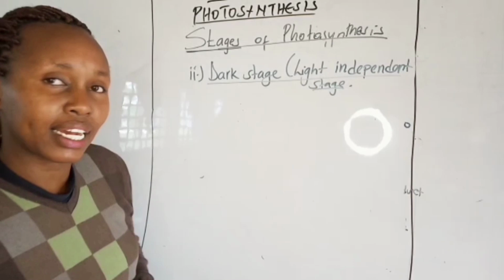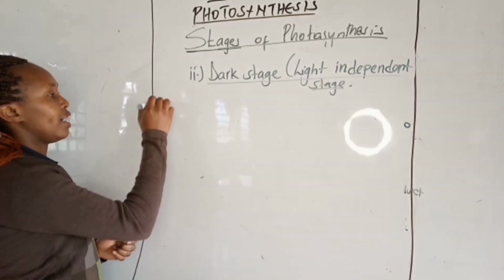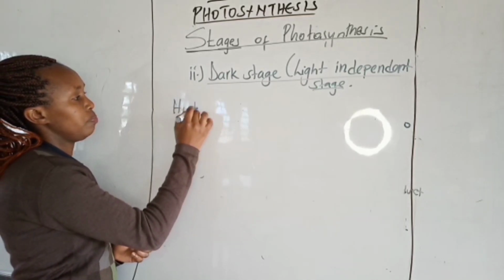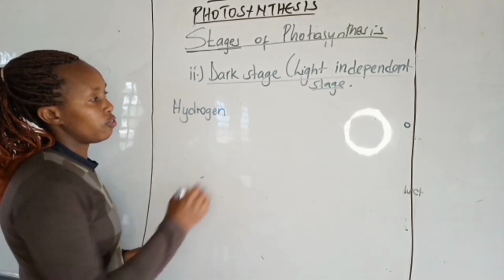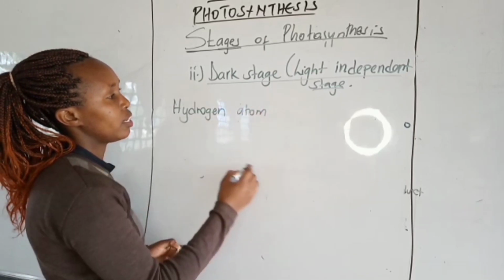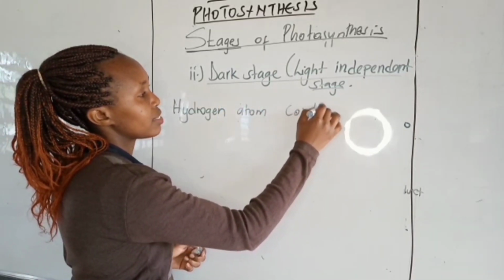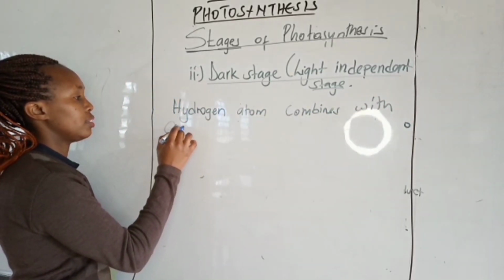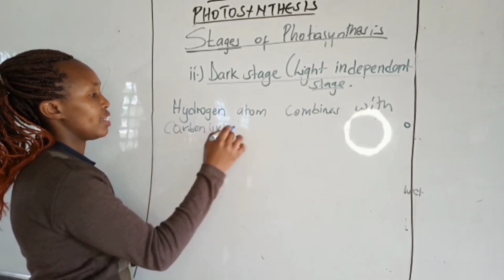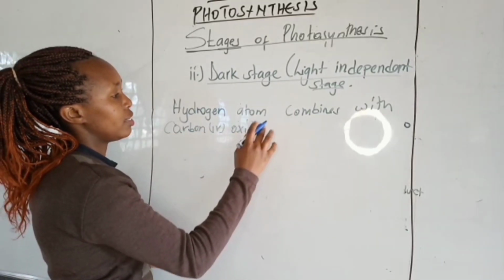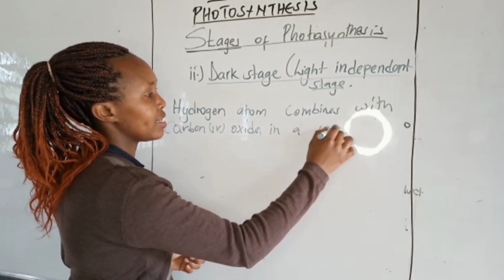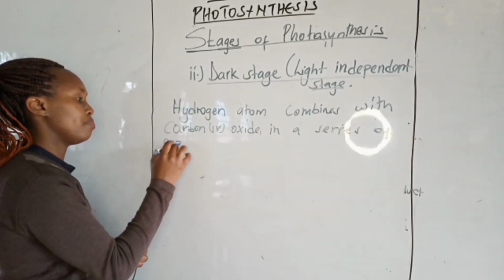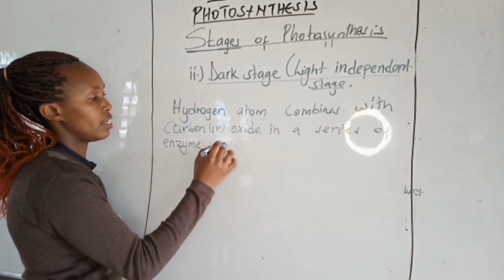So in dark stage, the hydrogen atom from the light stage combines with carbon dioxide in a series of enzyme controlled reactions.